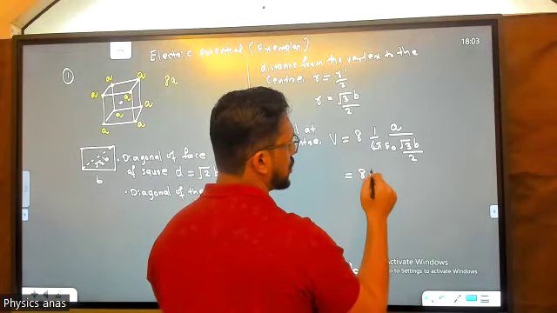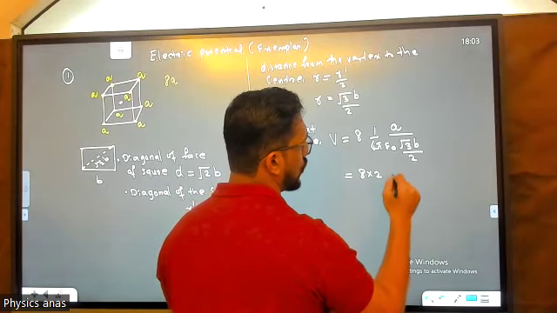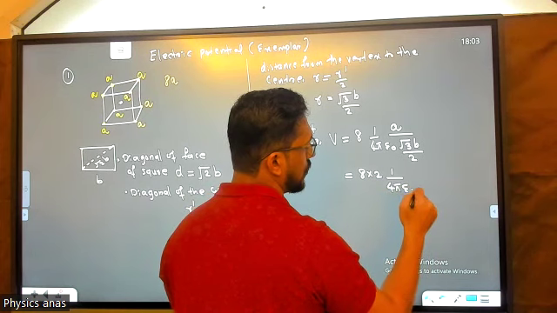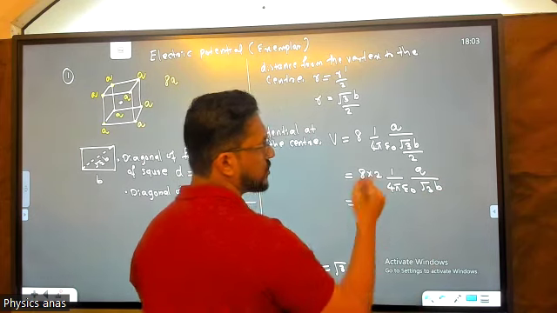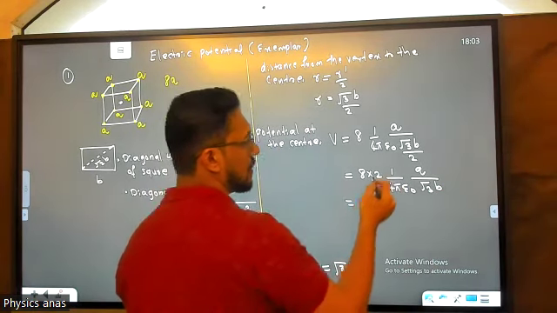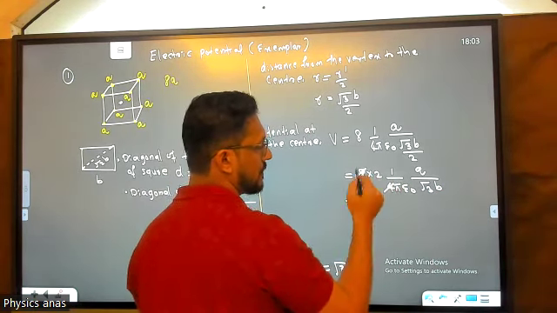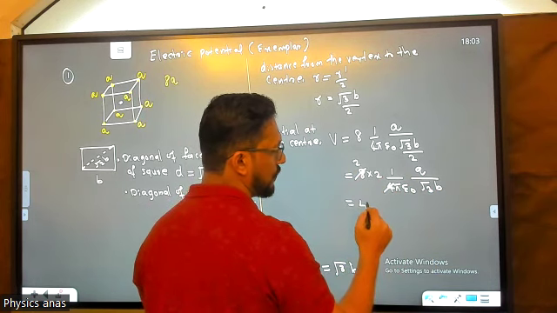Then 8 into 2, 1 by 4 pi epsilon naught Q divided by root 3 B. What is 8 into 2? 16. Or you can cut it from here: that will be 2, and 2 into 2 will be 4.